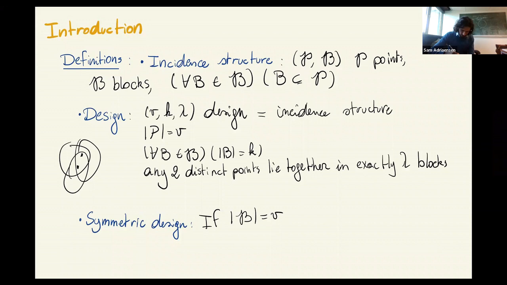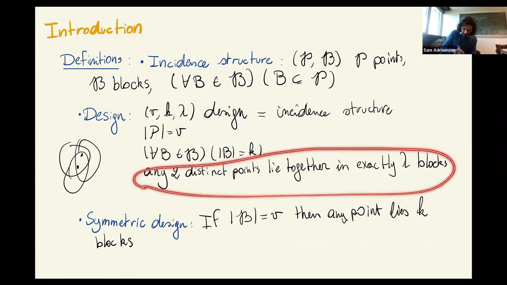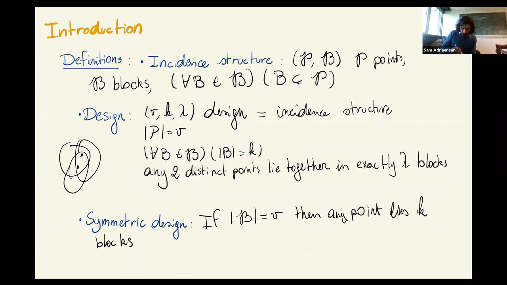So if the number of blocks equals V, then you can flip the role here. So we have that any block contains K points. If you flip it, then this means that any point lies in K blocks. And we also have that if you take 2 distinct points, then they lie together in exactly lambda blocks.